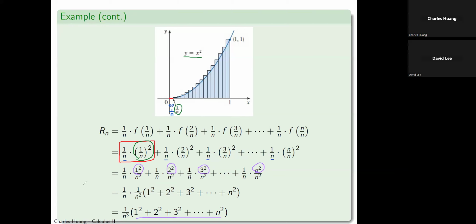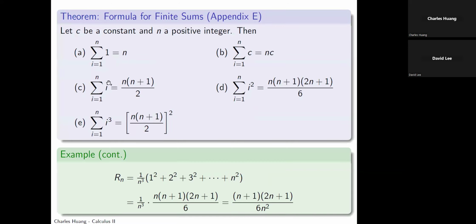And finally, we need to do a little bit more. We need to make the number of rectangles as big as we can. But before we do that, we need some sort of algebra to find out what this thing is. If we ever ask you to do this type of question on the test, you will be provided one of these charts to show you what the algebraic result is.